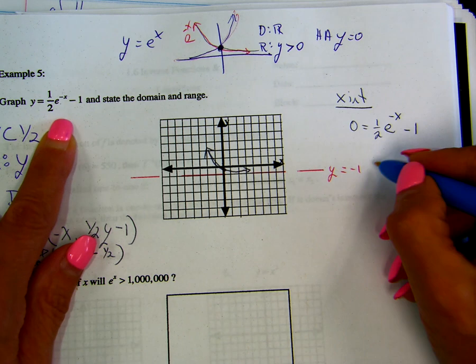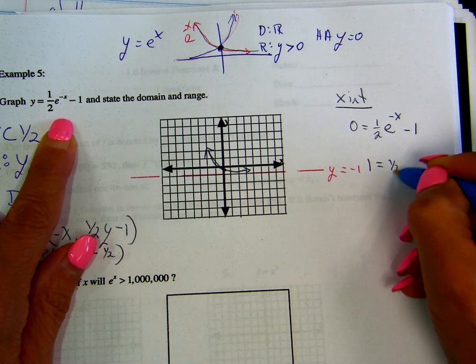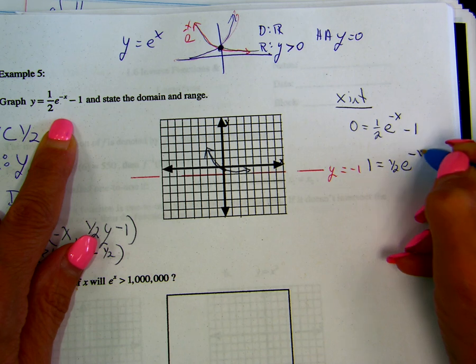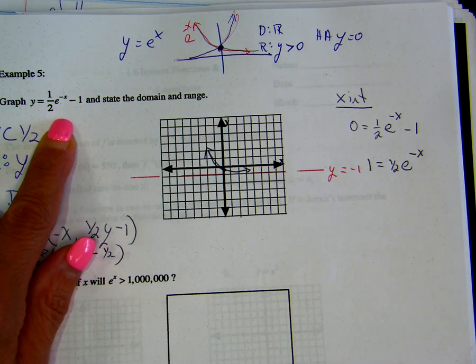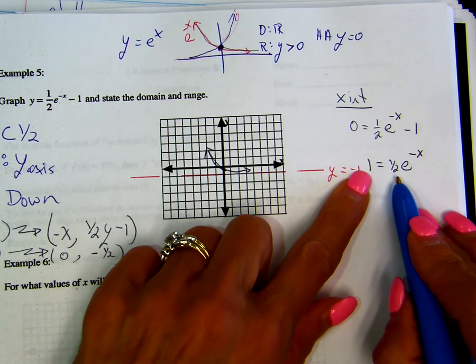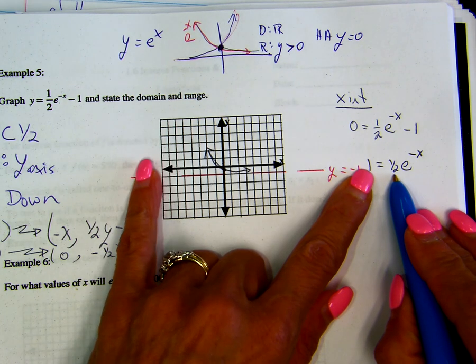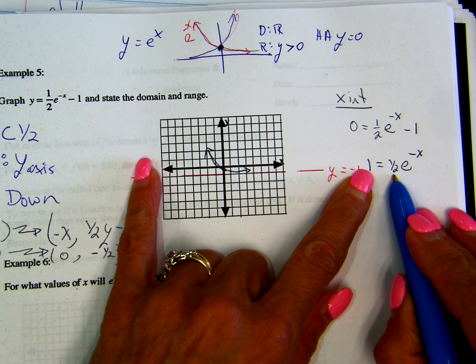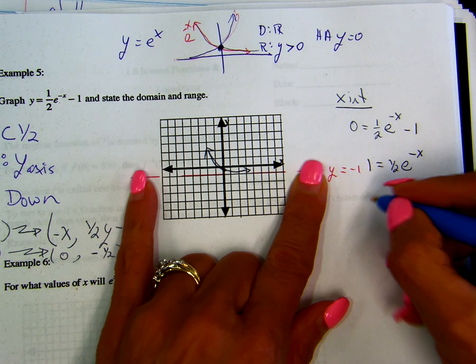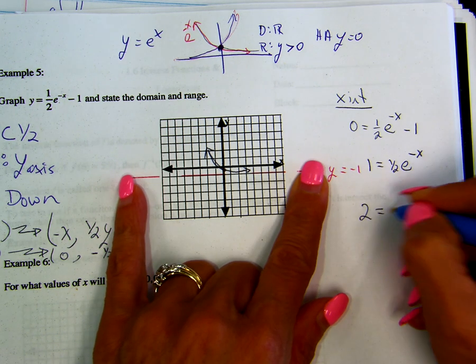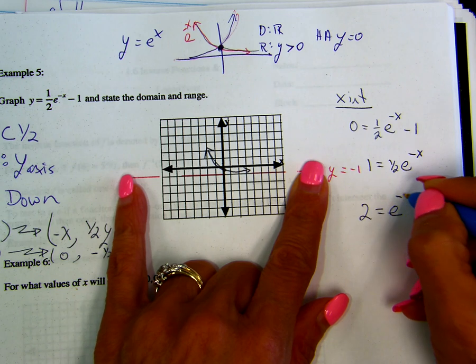So we're going to add 1 to both sides. Now what are we going to do? We're going to multiply both sides by 2. You're saying divide by 1/2, same as multiplying by 2. So I get 2 is equal to e to the minus x.